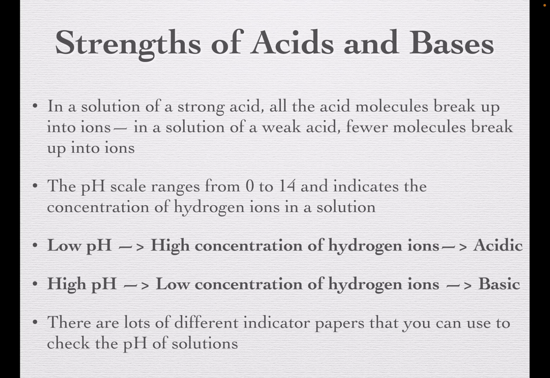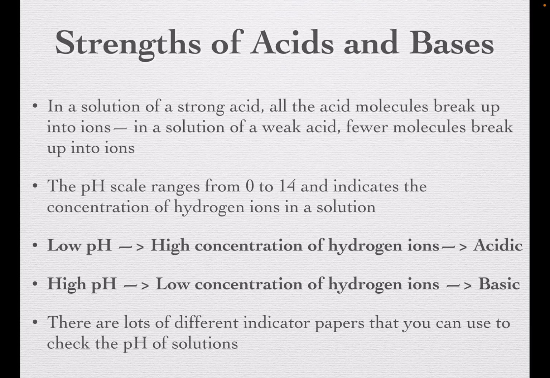There are different strengths of acids and bases. You can have a weak acid or a strong acid based off of how many of those hydrogen ions are breaking off. So we use the pH scale to represent bases all the way up to acids. We have a range from 0 to 14 on that pH scale, and it's the concentration of hydrogen ions. pH actually stands for potential of hydrogen.